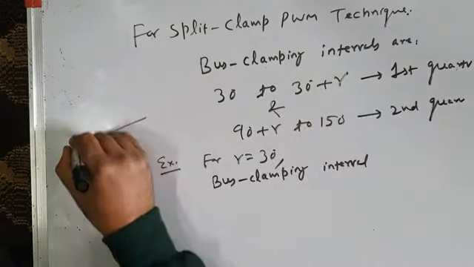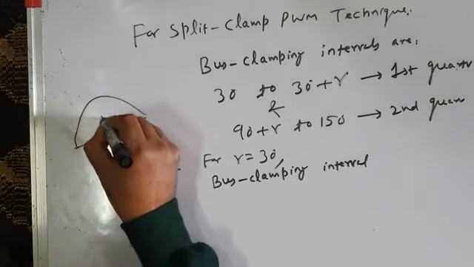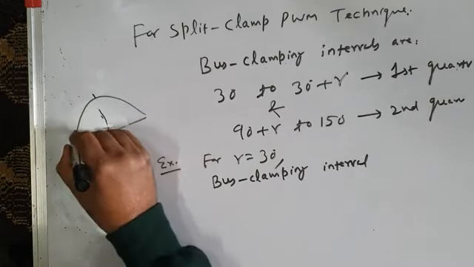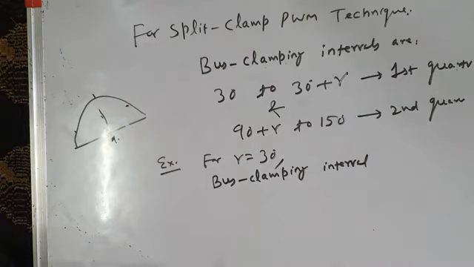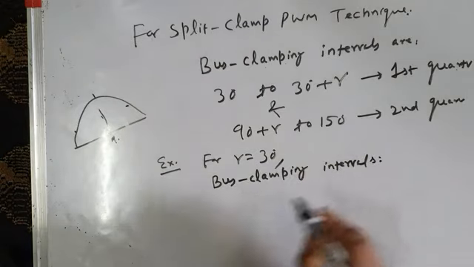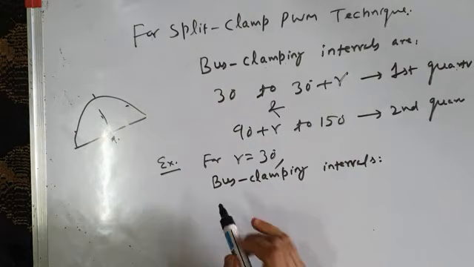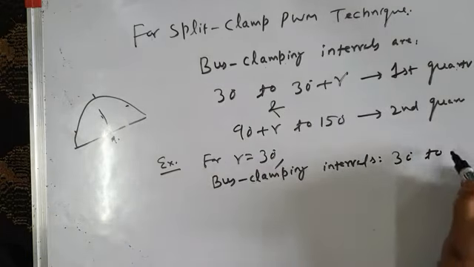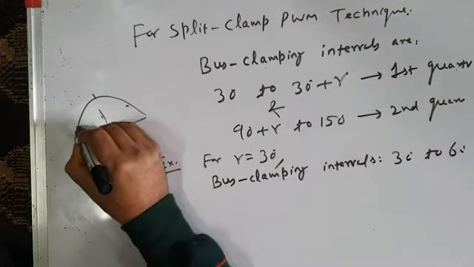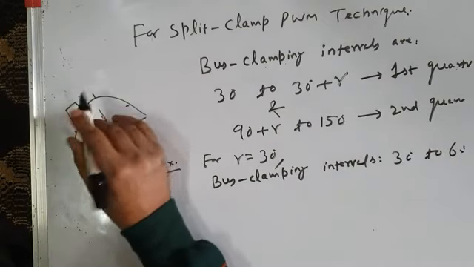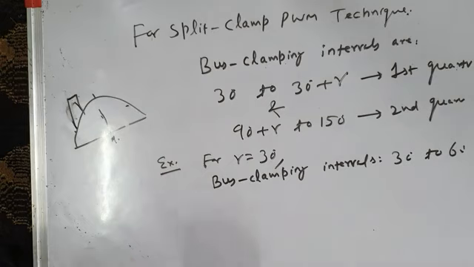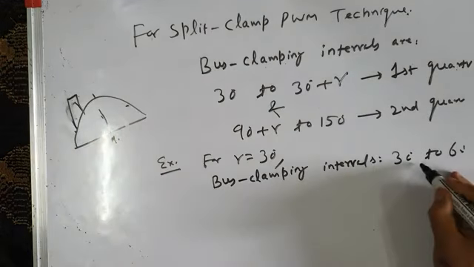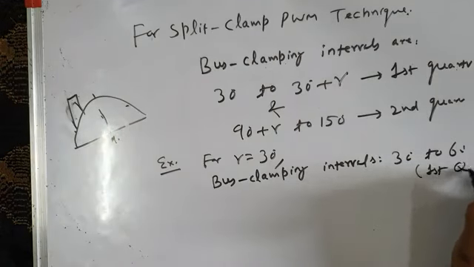If this is your half wave cycle, this is 90 degrees, this is the first quarter, and this is the second quarter. So the bus clamping intervals, in the first quarter, are 30 degrees to 30 degrees plus gamma. Gamma is 30, 30 plus 30 is 60 degrees. That means from here, 30 degrees to 60 degrees, bus clamping will be done in the first quarter.